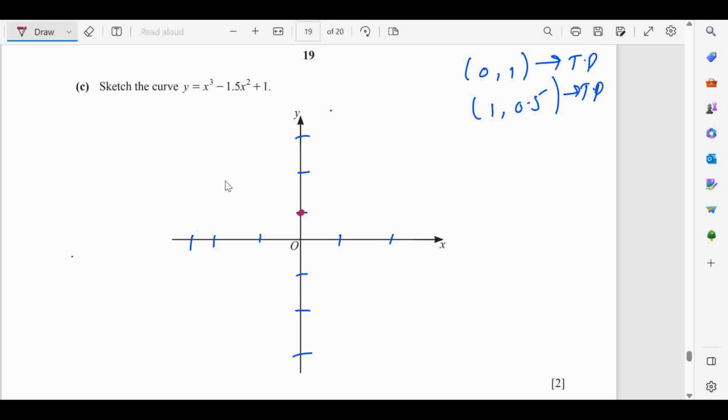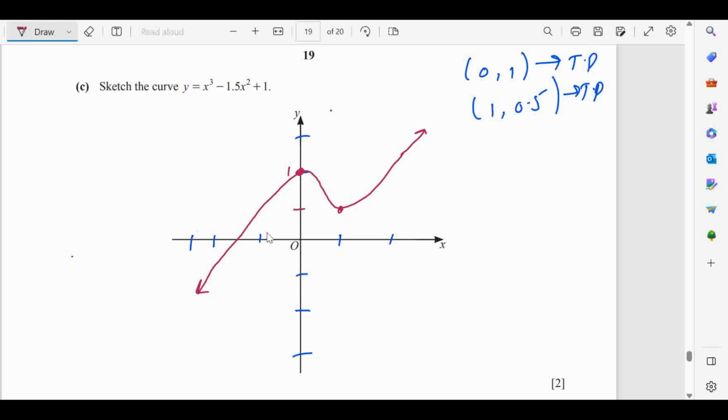Let me make it more clear. Let's say this point is 0.5. This is 1, and at 1 it's 0.5. If this is a turning point, it will change its shape, and here it will change its shape. So this will be the curve.